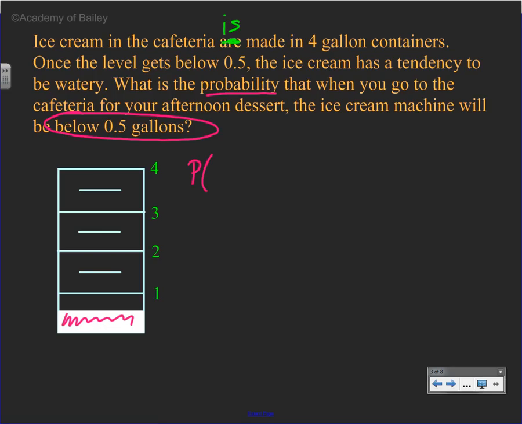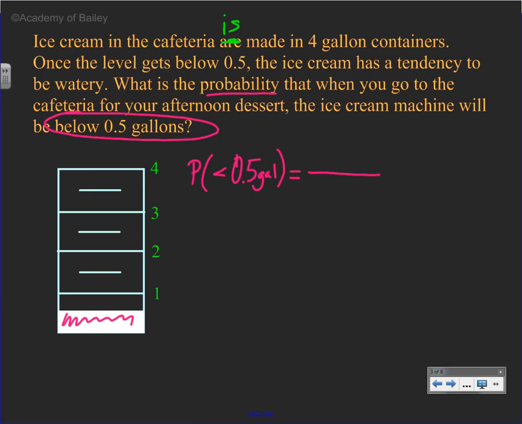So the probability that there is less than 0.5 gallons is equal to favorable over total.